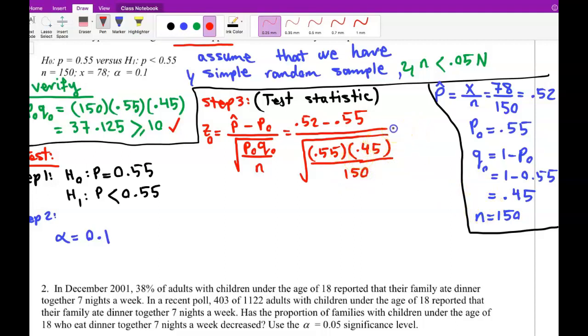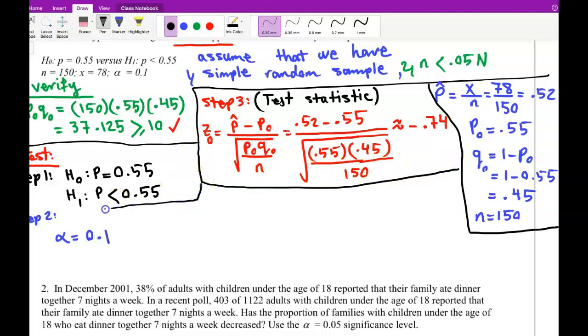Then rounding this, the answer is negative 0.74. Okay, so that was step 3. Then we're going to work on step 4.